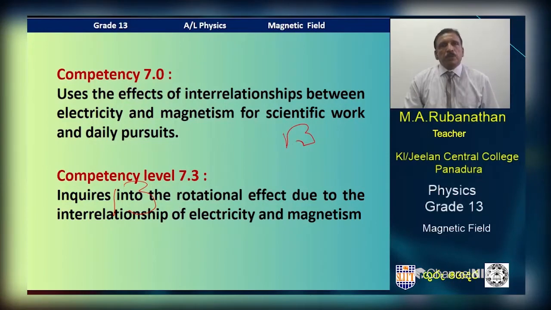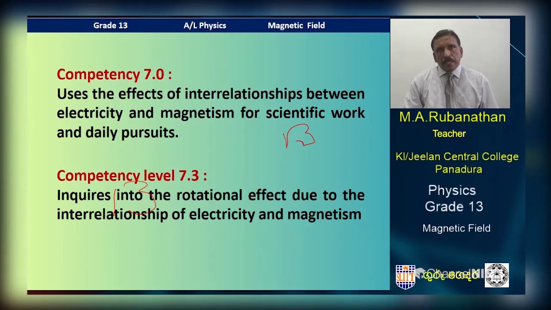Today we go to competency level 7.3: inquiries into the rotational effect due to the interrelationship of electricity and magnetism.